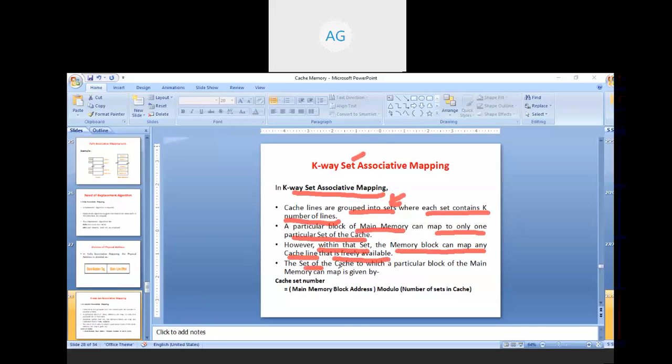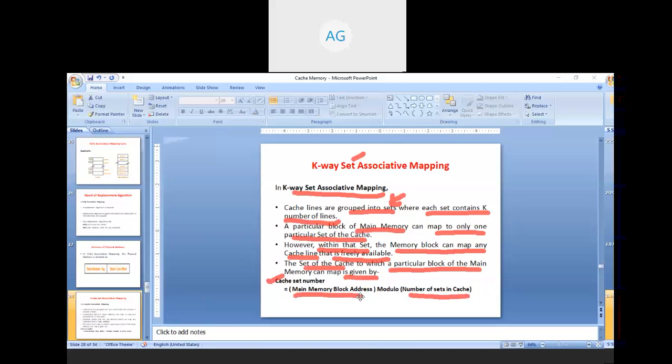The set of the cache to which a particular block of the main memory can map is given by a formula for finding the cache set number. Cache set number is equal to main memory block address modulo, which is used for remainder, the number of sets in cache.